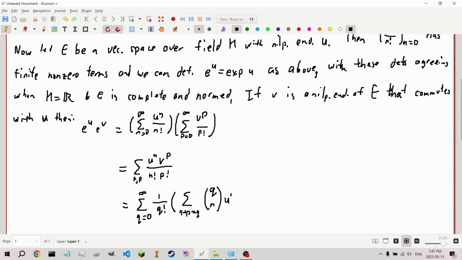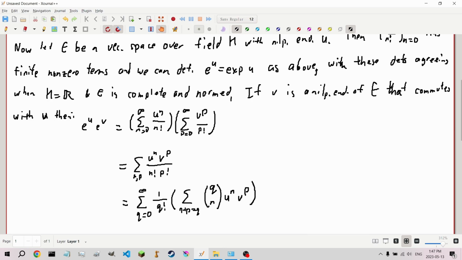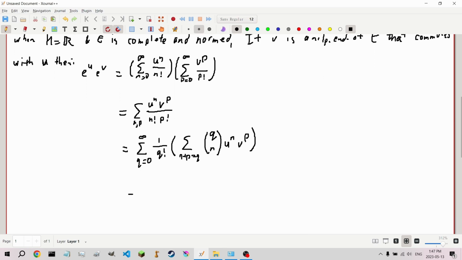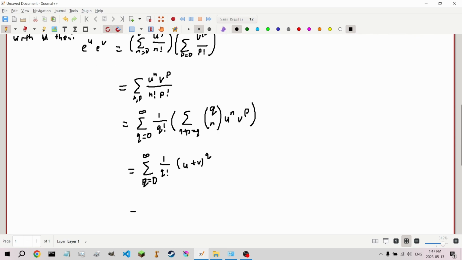Of u to the n times v to the p, which is, there's some more combinatorics here. Q equals 0 to infinity, 1 over q factorial, and then this term inside simplifies to be u plus v to the q, which is just the definition for the exponential of u plus v.